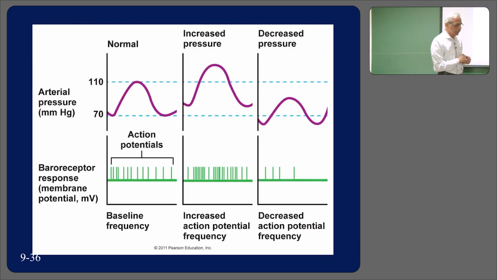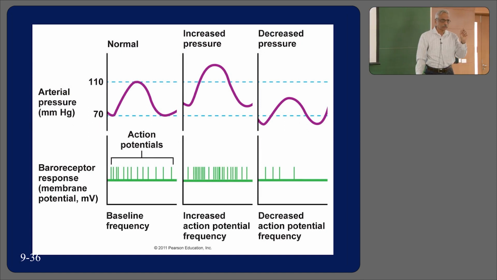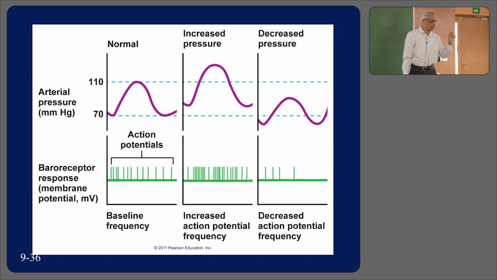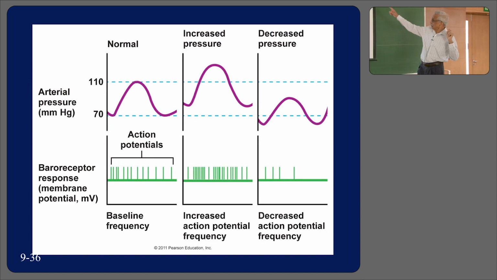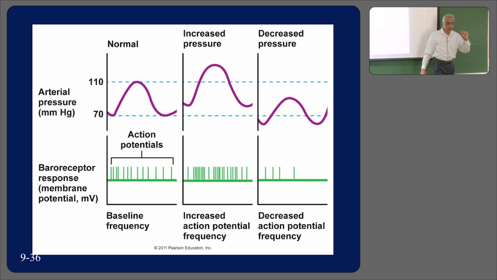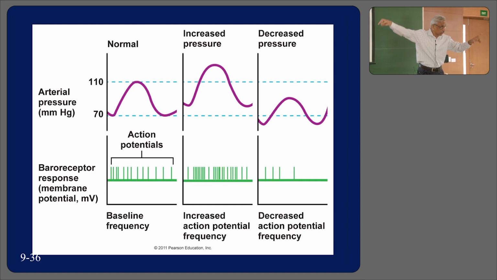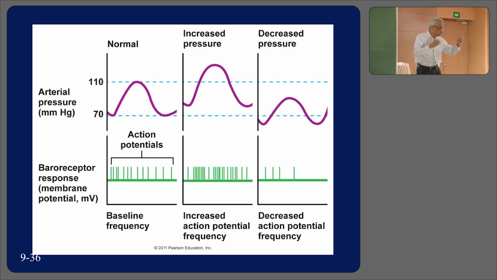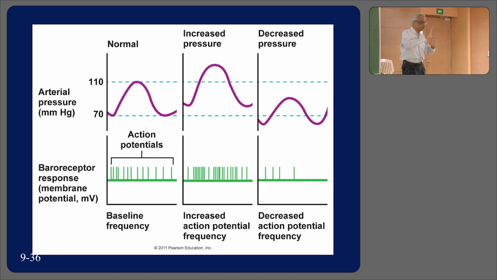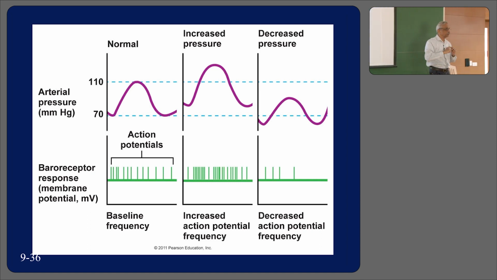Now what I'll do is put an electrode on the blood vessel. The graph shows the baroreceptor response, membrane potential in millivolts. Where are baroreceptors? We saw in the previous slide, they are in two places, either in the carotid sinus or in the aorta. I am going to take one of them, place my electrode and monitor the voltage differences. The second thing I am going to do is monitor the arterial pressure.